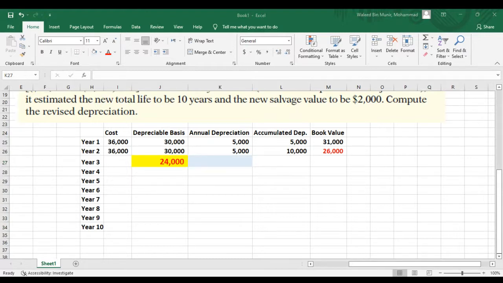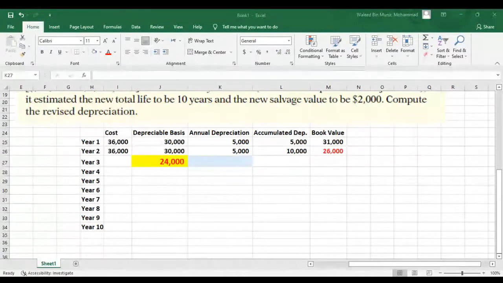Who will tell me? What will be the annual depreciation in year 3? Can you hear me? Am I audible? What will be our annual depreciation? How do we calculate a depreciation? Depreciable basis divided by the useful life. What is the useful life now? How much is remaining? 8 years.